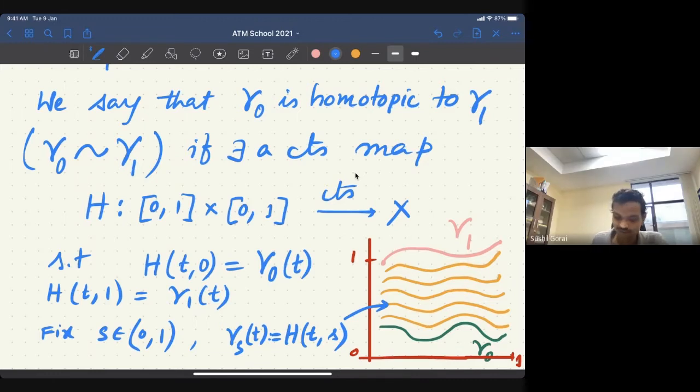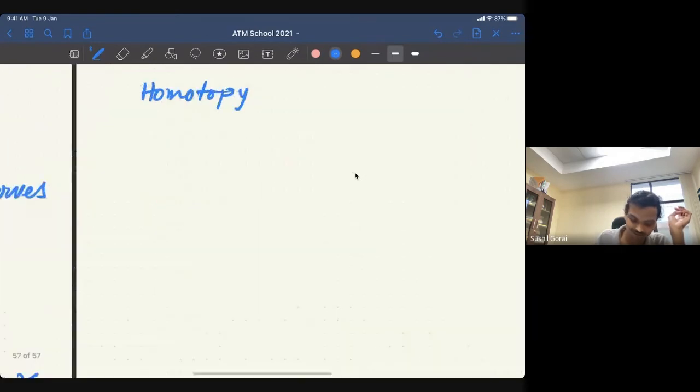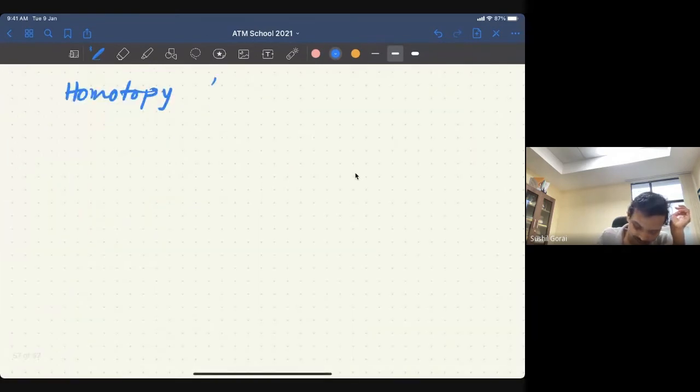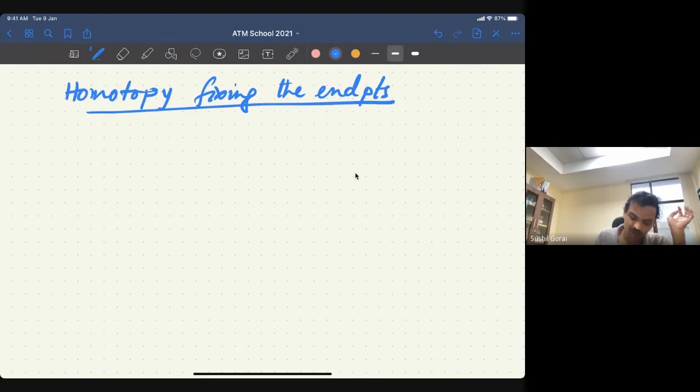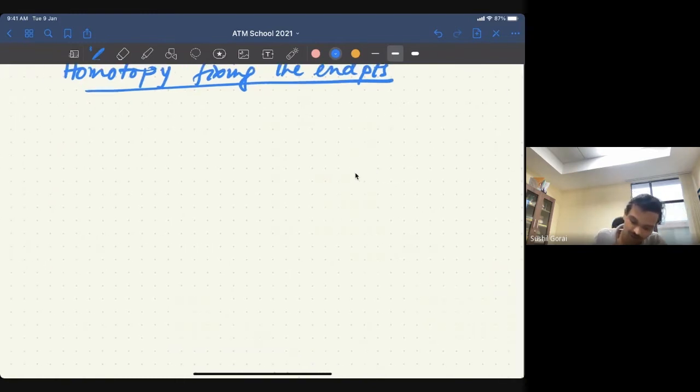This is it. We get a curve. Now this you might not have seen. This is very, very general. What you have seen is fixing endpoints. So homotopy fixing the endpoints. The definition is the same. So let me draw a picture.